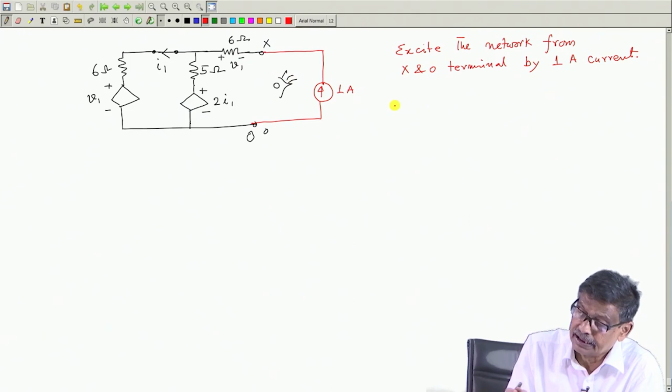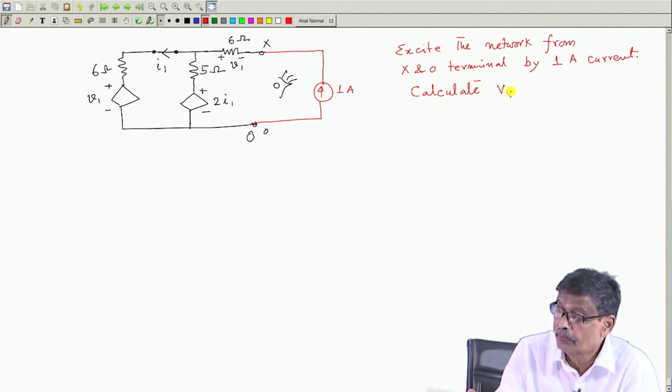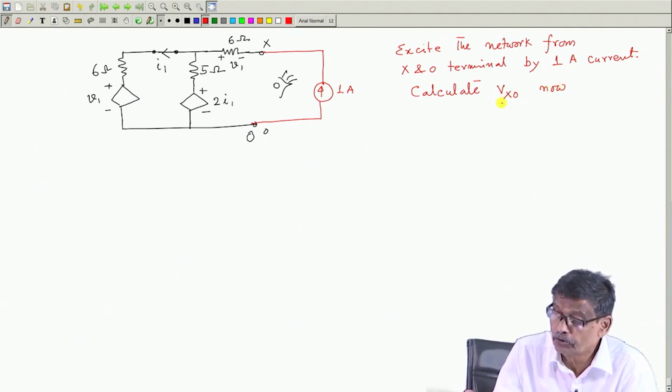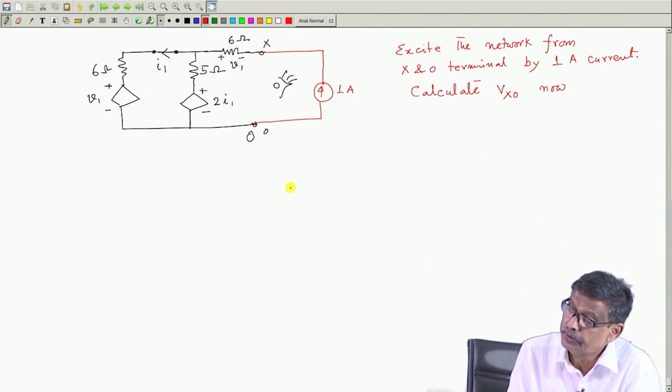With this circuit excited by a 1 ampere current source, calculate Vxo now, which is not open circuit now. I have to calculate the potential difference between these two.